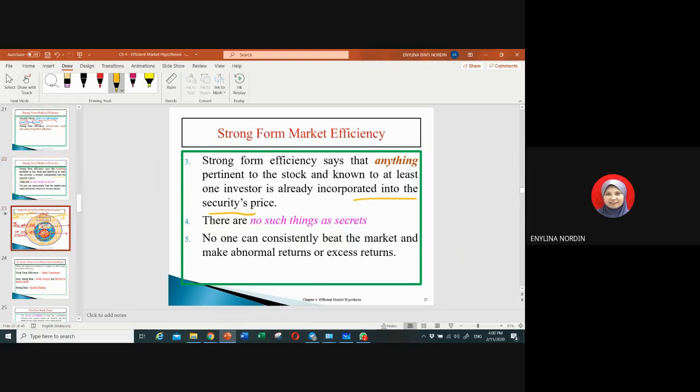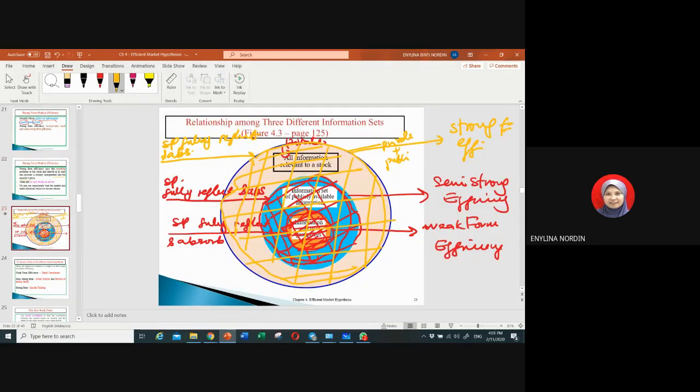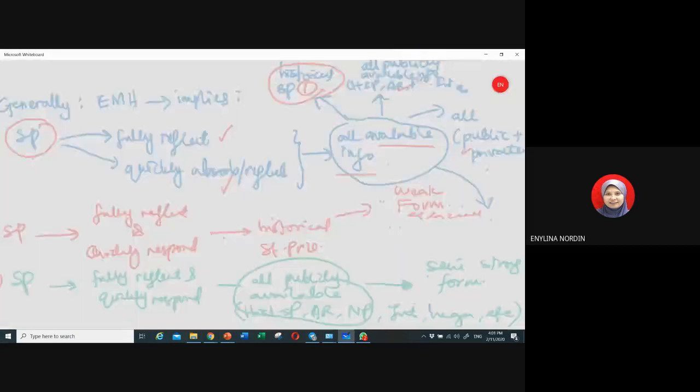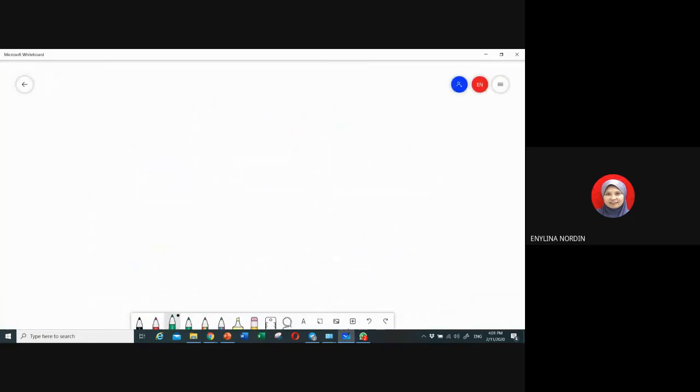Just now, if the market is in weak form, the investors can still make an extraordinary profit, provided that the investors have other publicly available information plus private information. Okay, understand? Hold on, let me show it to you on this whiteboard. Now let's say the market is in weak form.